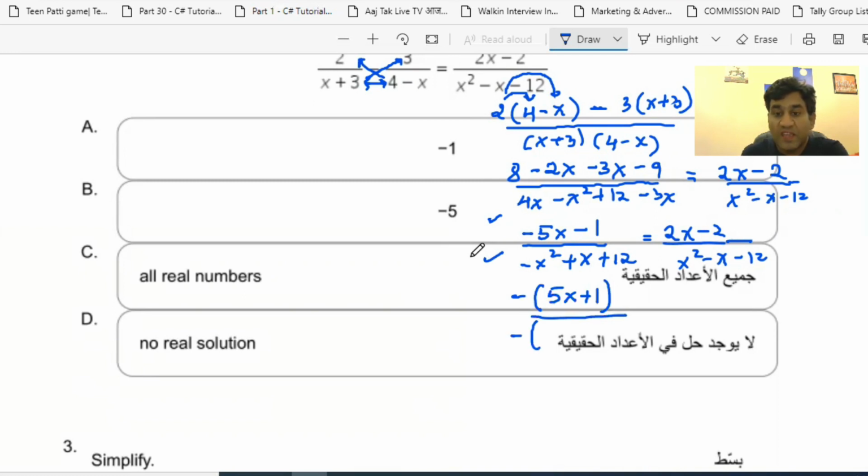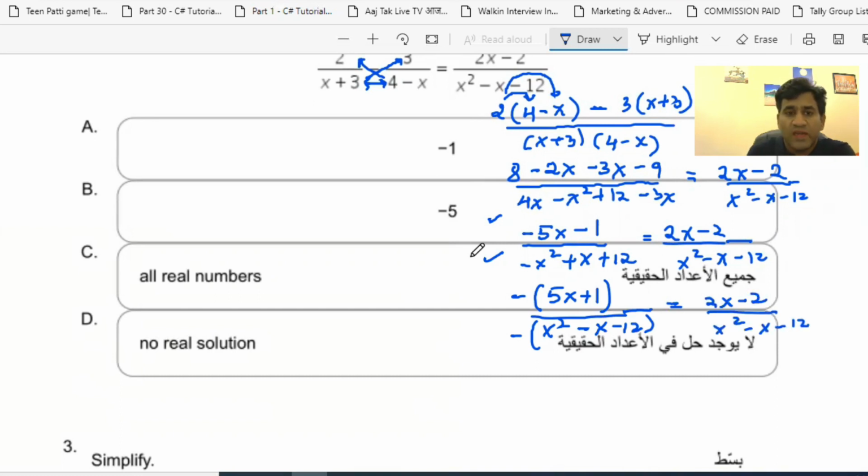Then when you are taking negative as common, this can be written as x square minus x minus 12. If you multiply negative sign with x square, it's going to be negative x square. Negative sign with negative x gives you positive x. This is how we can take it as common out. And this side, it's going to be 2x minus 2 over x square minus x minus 12.